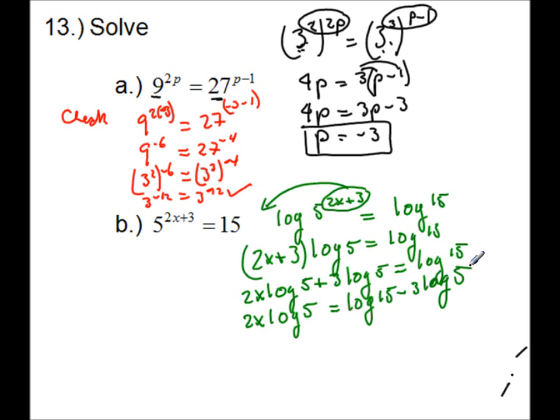Okay, so we're trying to get x by itself, so then what do we have to do? Divide by 2 log 5 on both sides. So then we get x equals log 15 minus 3 log 5, all divided by 2 log 5.